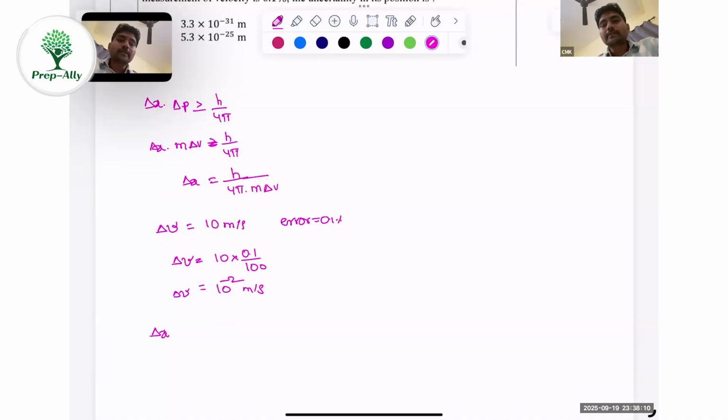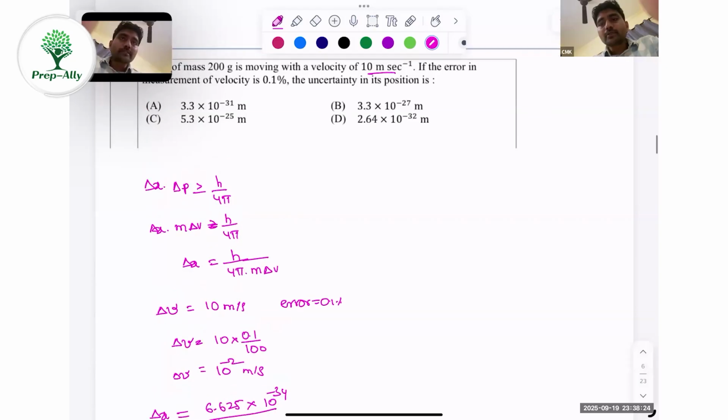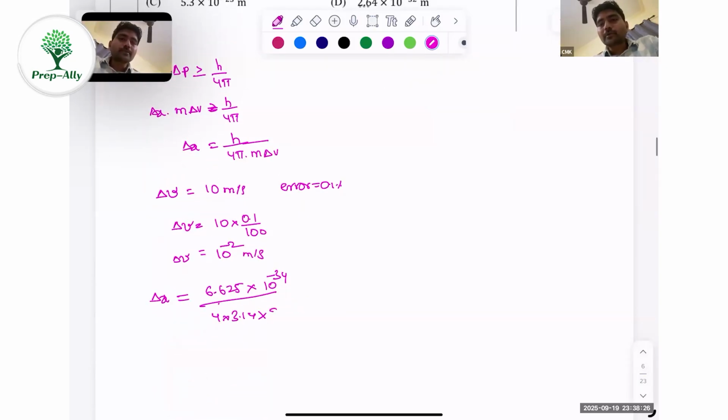So delta x, if I substitute all the values, is 6.625 into 10 to the power of minus 34 by 4 into 3.14 into the mass, 200 grams, so 200 into 10 to the power of minus 3, into 10 to the power of minus 2.